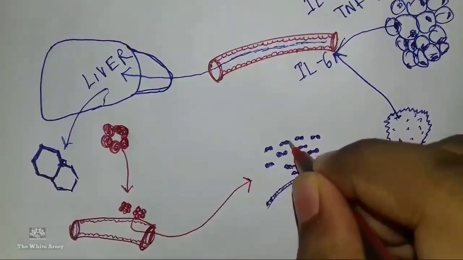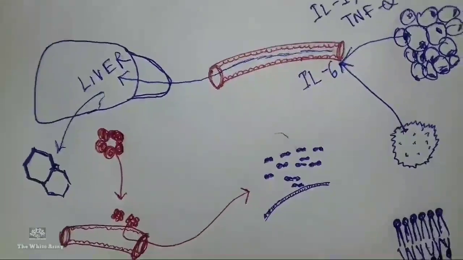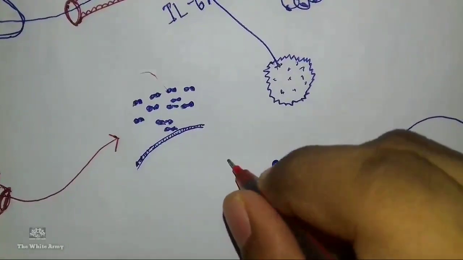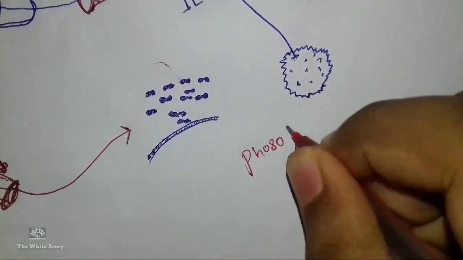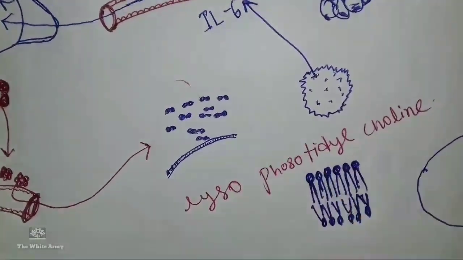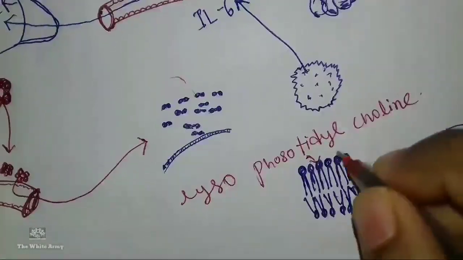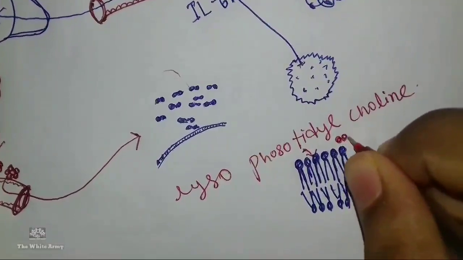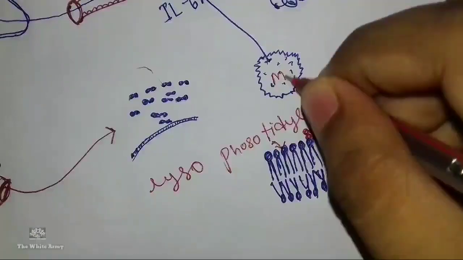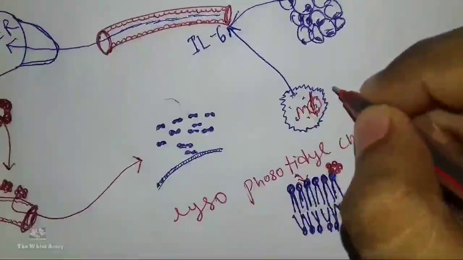Here these are the bacteria, pneumococcus-like bacteria. So they go there and bind with the phosphatidylcholine, basically lysophosphatidylcholine, in the membrane of these bacteria, and through the process of opsonization they activate the complement system.